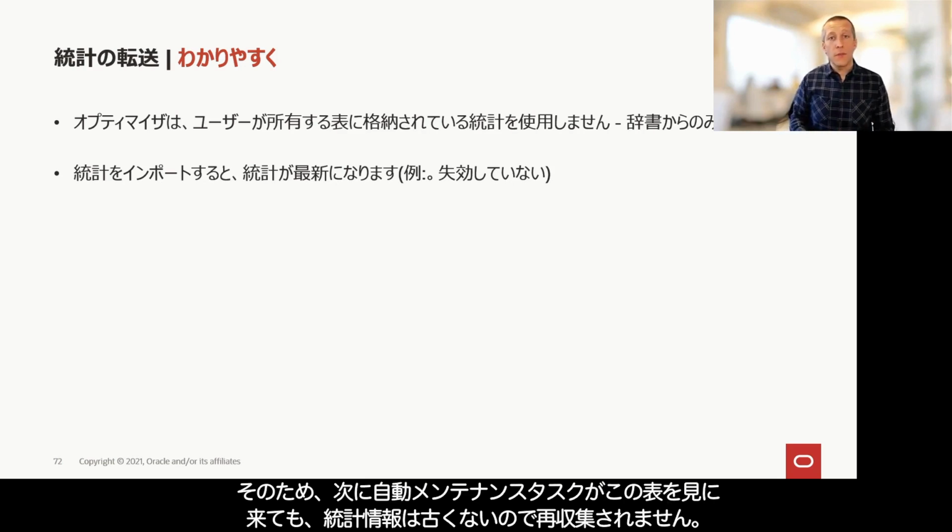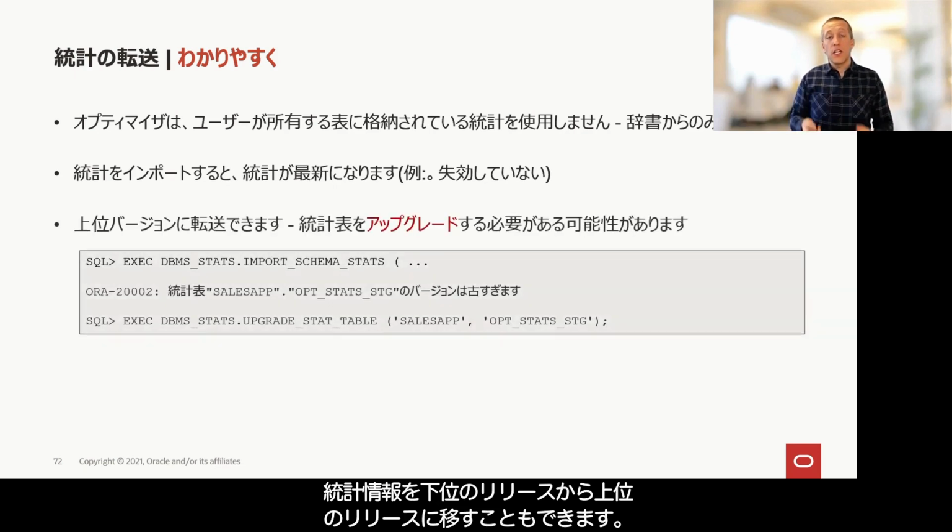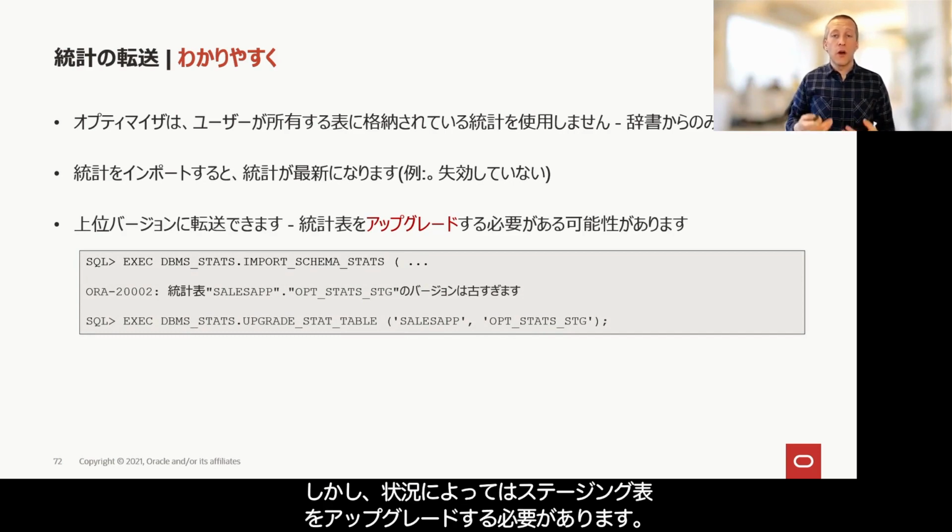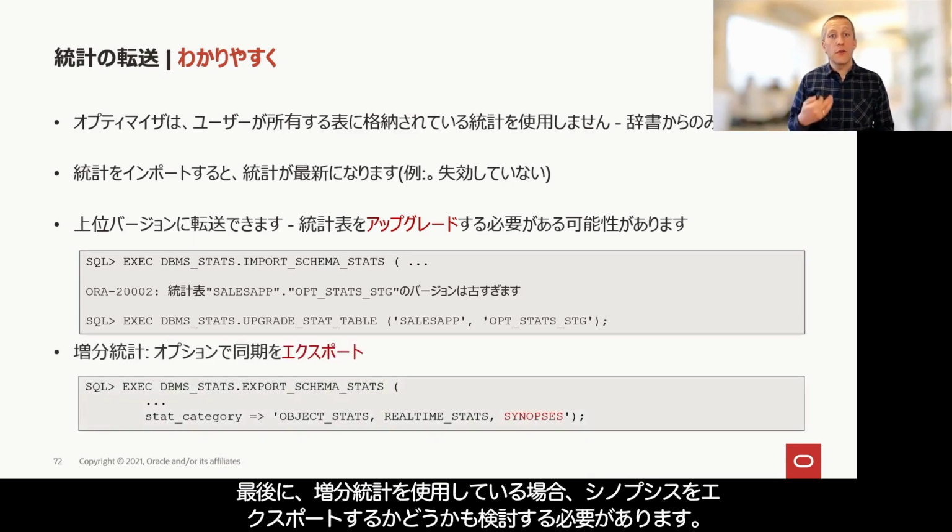So the next time the automatic maintenance task comes by and looks at this table, it won't regather statistics because they are not stale. You can even transfer statistics from a lower release to a higher release, but in some situations you need to upgrade the staging table.